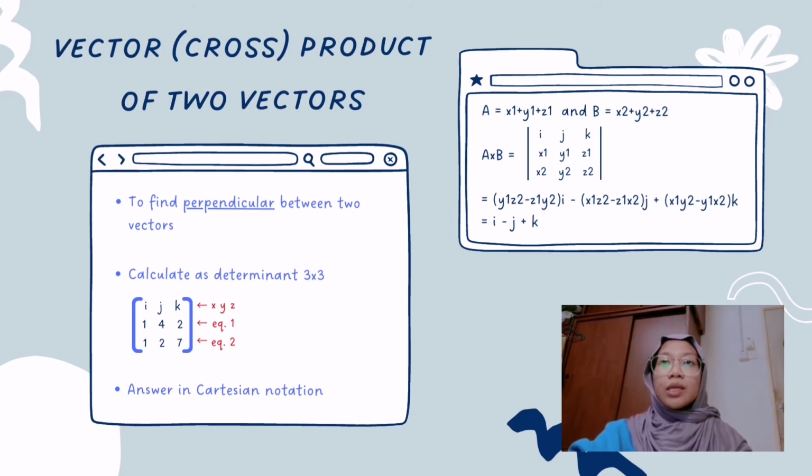And then, same as finding the determinant of a matrix, in bracket of i, y1 times z2 minus z1 times y2, and then minus bracket of j, which is x1 times z2 minus z1 times x2, and plus bracket of k, x1 times y2 minus y1 times x2, and the answer we will get is in the form of i, j and k.